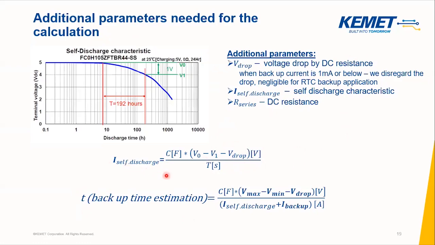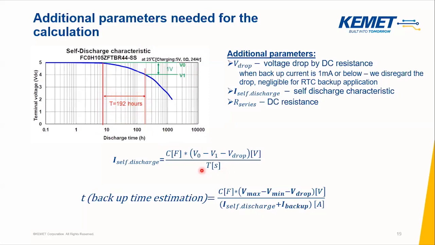But anyway, when we want to calculate the self-discharge current from this graph, we have a specific capacitance value we calculated before, and we chose this graph. We consider 2 different voltages, V0 and V1, and then we check what the time is between them in the discharging.